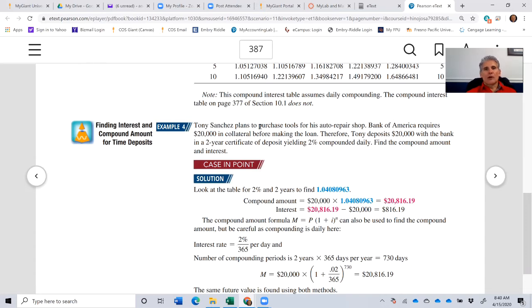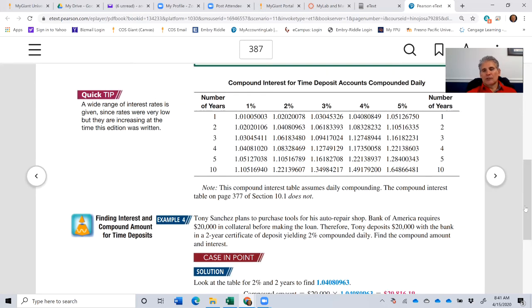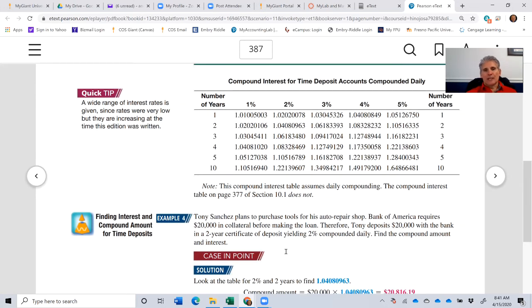Bank of America requires $20,000 in collateral before making the loan. Therefore, Tony deposits $20,000 with the bank in a 2-year certificate of deposit yielding 2% compounded daily. Find the amount and the interest, yielding 2% compounded daily for 2 years. Well, go ahead and pause and try to solve, or you can just follow with me.